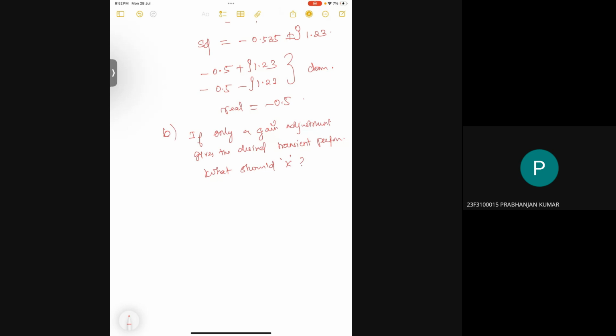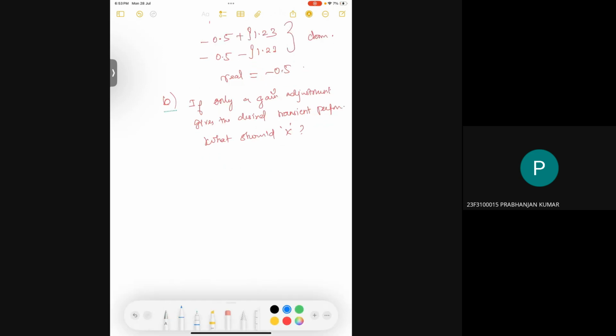So you're asking if I can adjust only the gain to get the desired transient performance, then how can I find the K value? The gain K should be adjusted such that the closed loop poles of the system are at the dominant poles, so that you will get the desired response based on the transient specifications. That's the hint behind this question.